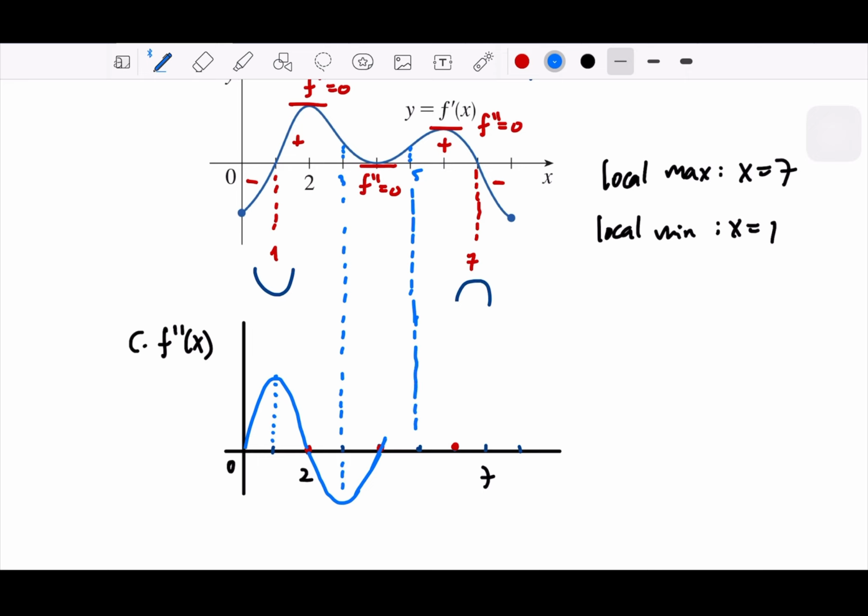So maybe here, and then we need to cross 6, so 6 will be there, and then 7 is also changing the concavity. Okay, maybe I think that's enough.